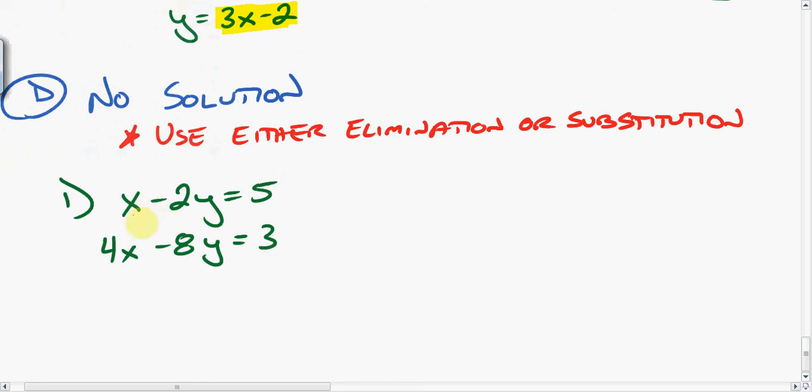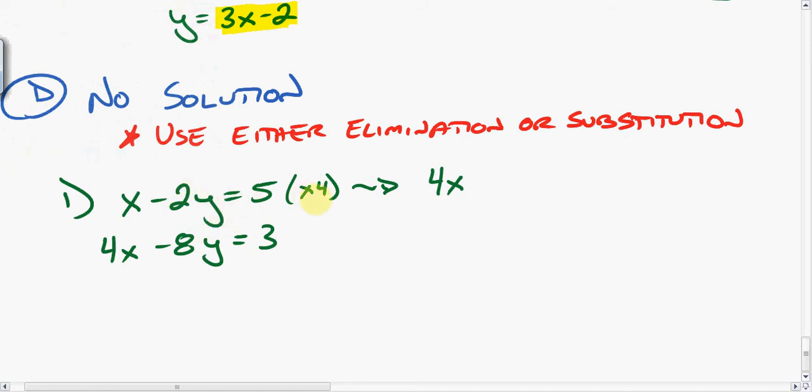With elimination, I want to add or subtract these together. But currently that's not going to be any help because the variables won't cancel. I want to either cancel the x or the y. So I'm going to try and cancel the x. I'm going to try and get the two x's to be the same. So I'm going to multiply this whole equation by 4. So 4 times x is going to give me 4x.